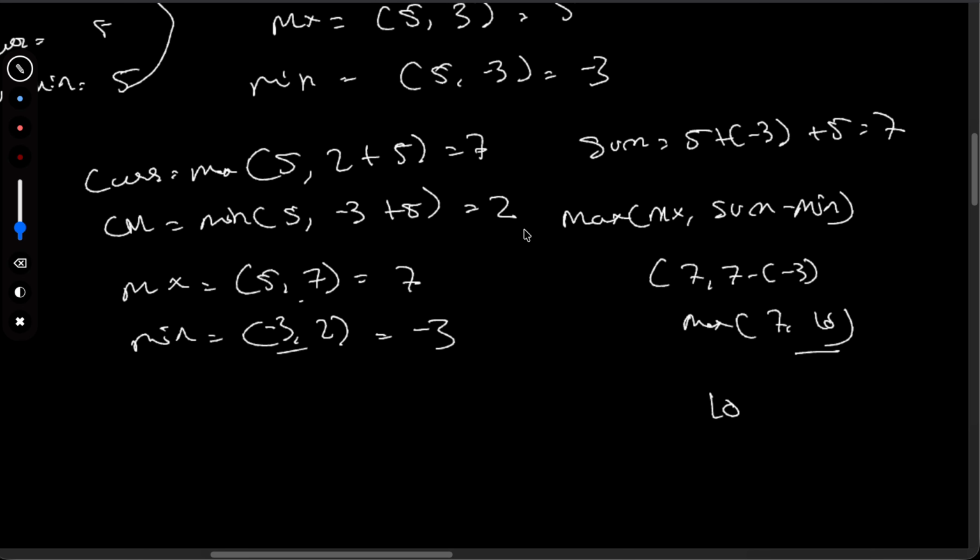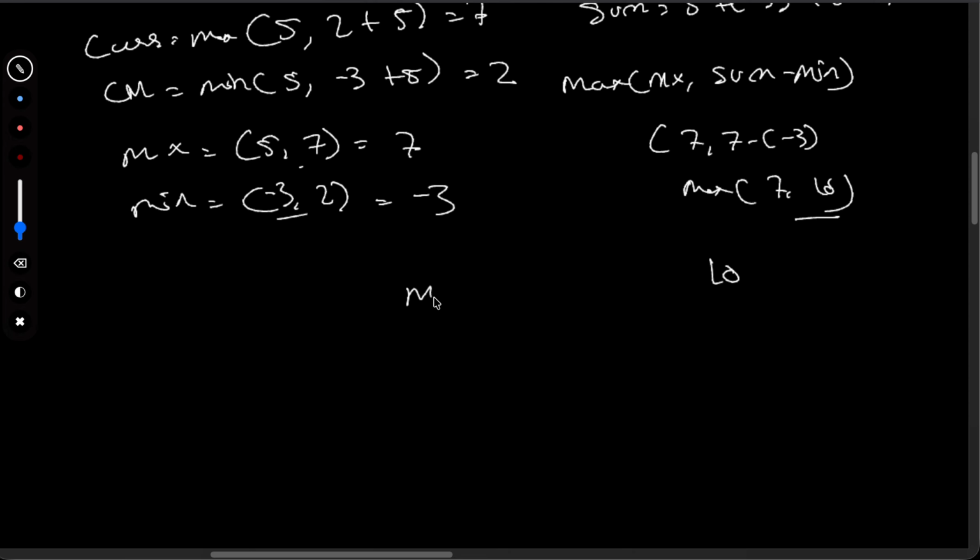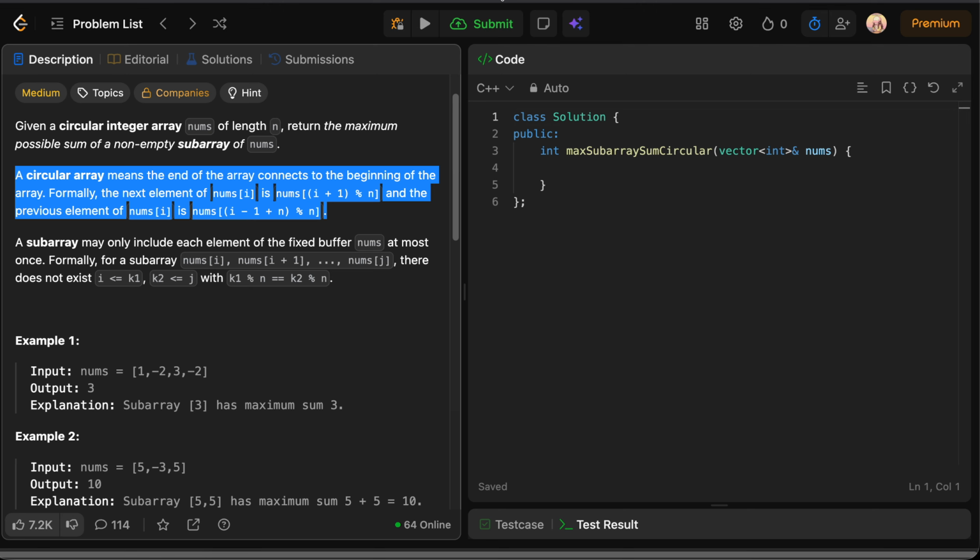In the case where all numbers are negative, max is less than 0. In that case we return max, and do not use the circular formula. So let's write the code.